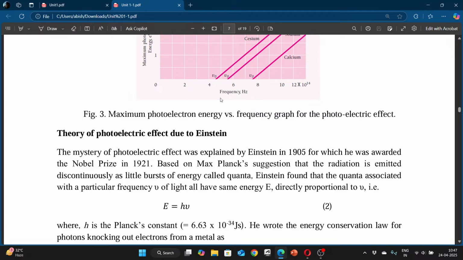So, the theory of the photoelectric effect is due to Einstein. The mystery of the photoelectric effect was explained by Einstein in 1905, for which he was awarded the Nobel Prize in 1921.